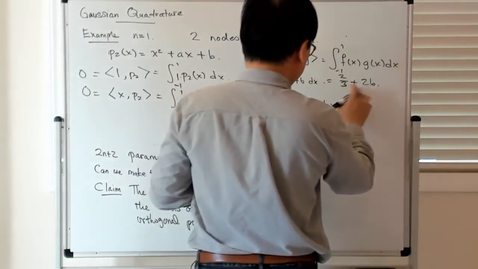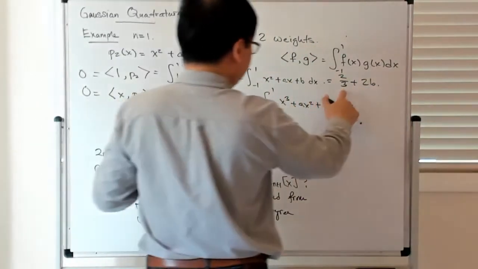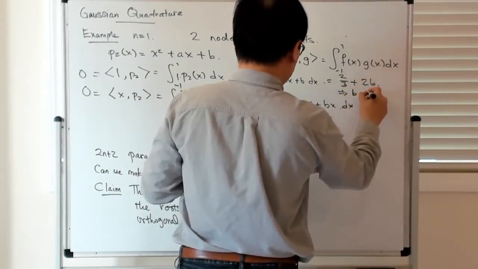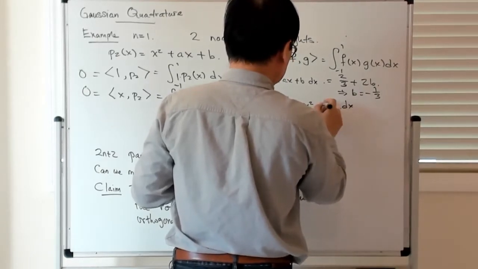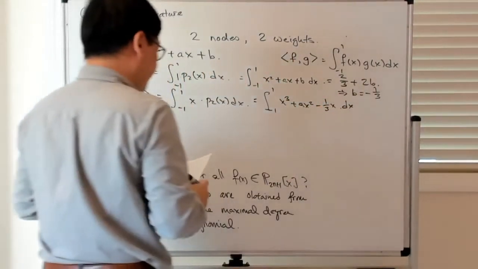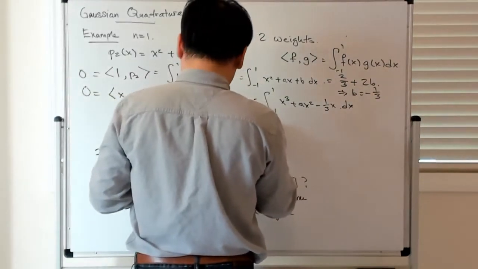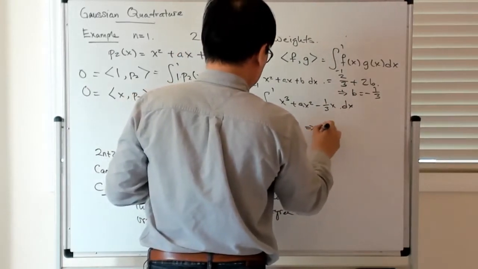Actually, before I do that, let me solve for b here. So 0 is equal to 2/3 plus 2b. This implies that b is equal to -1/3. So I can substitute it here, so this is minus 1/3 x. And that is equal to 2/3 a, so this implies that a is equal to 0.